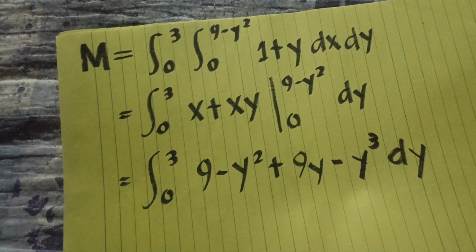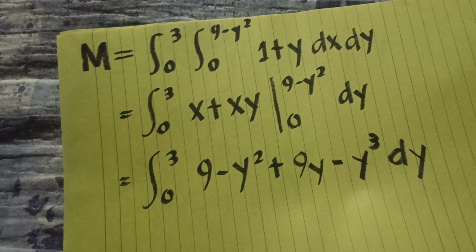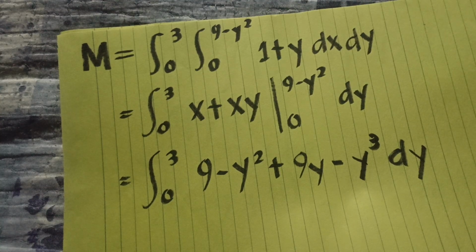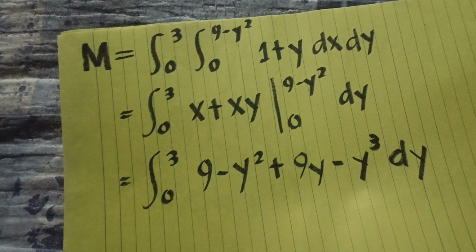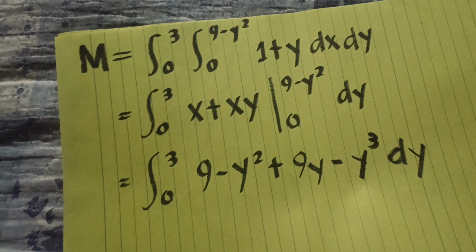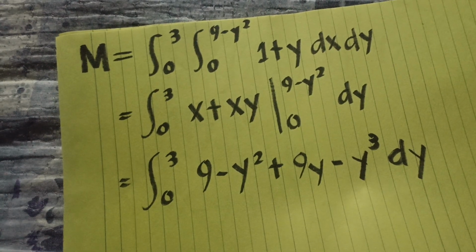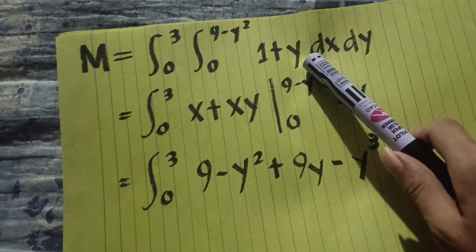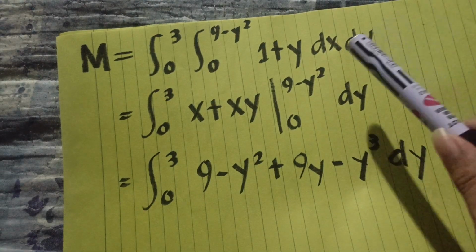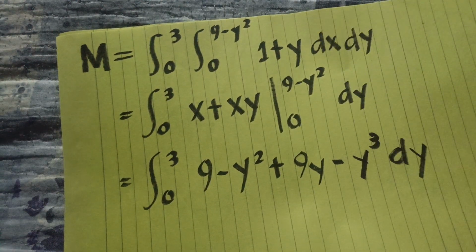Because going in the increasing x direction for a choice of y value, we enter the region on the y-axis, where x is equal to 0, and we exit the region on the parabola x equals 9 minus y squared. So we integrate our density function 1 plus y, and the differential should be ordered dx dy.